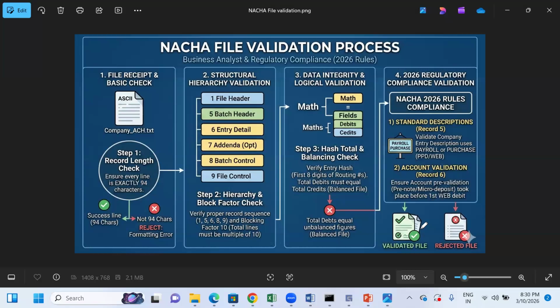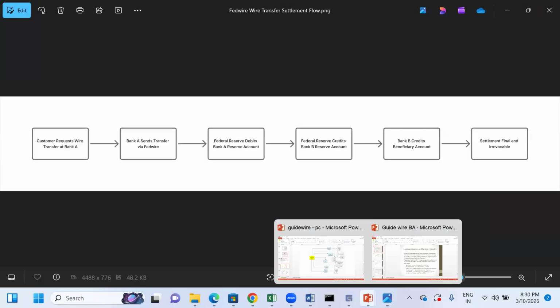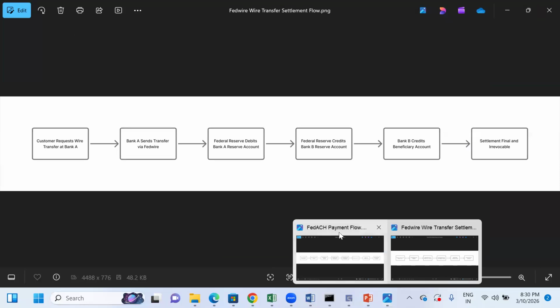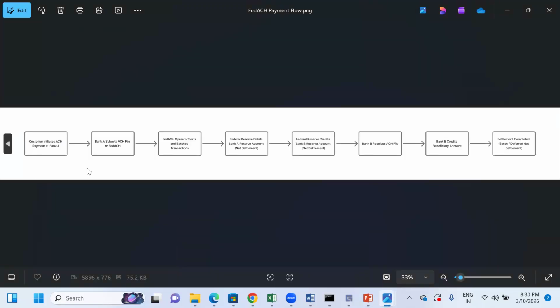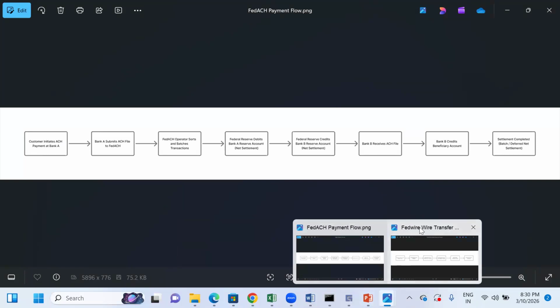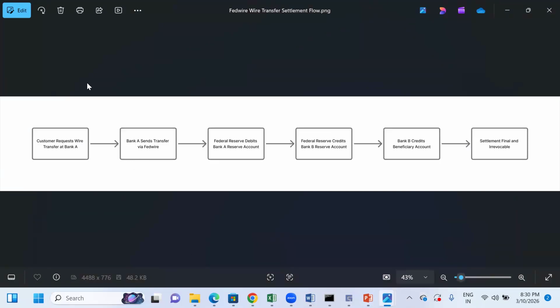Next question. Yeah, that was it for the NACHA file. So this is the NACHA file validation. I think I have already forwarded these to you before. Now Fed ACH payment and Fedwire transfers.